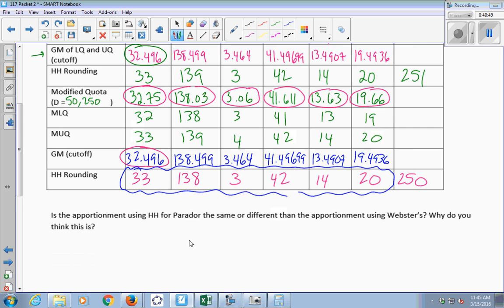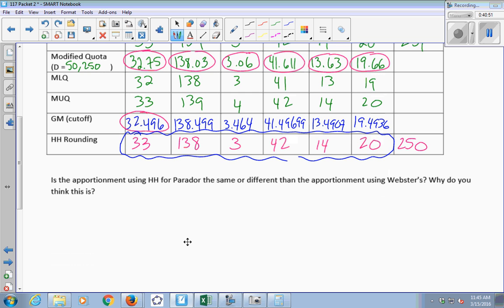Okay. So why don't they just use Webster's? Yeah, good question. Is there an example where they don't get the same result? Yes, if we're really careful about choosing our numbers, we can create an example where they don't come out the same. But more often than not, they come out the same. Almost all the time, they're the same.